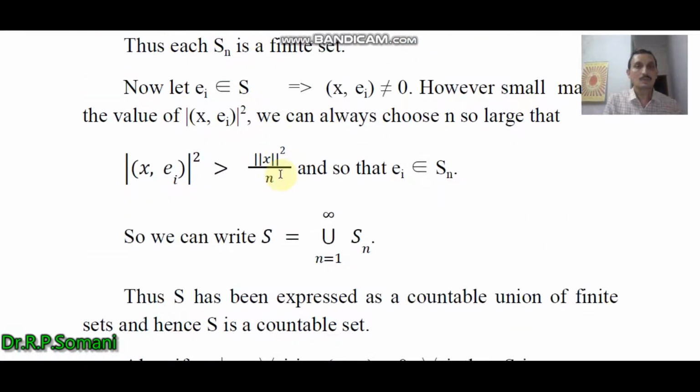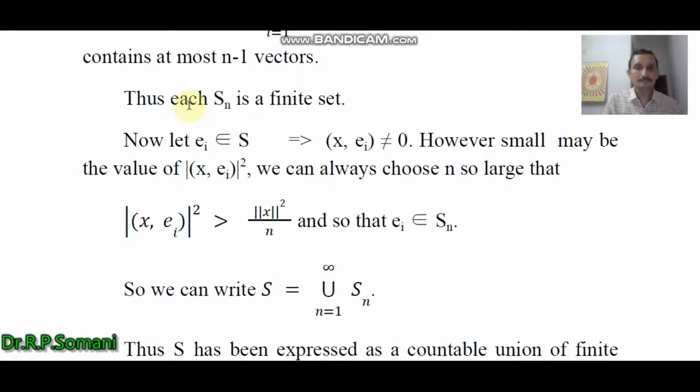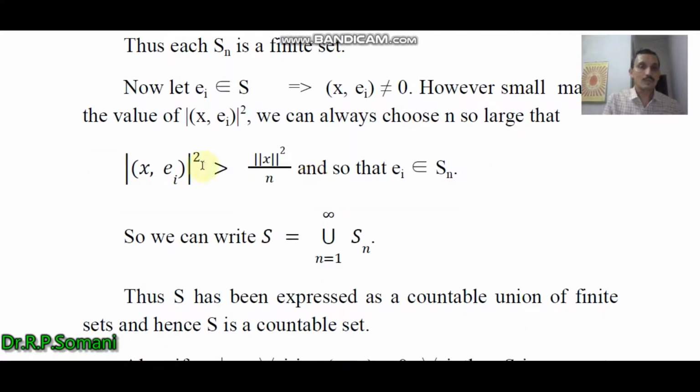Now let ei belong to S. Then this implies ⟨x, ei⟩ is non-zero, however small may be the value of this |⟨x, ei⟩|². We can always choose n so large that |⟨x, ei⟩|² is greater than ||x||²/n, and so ei belongs to Sn.